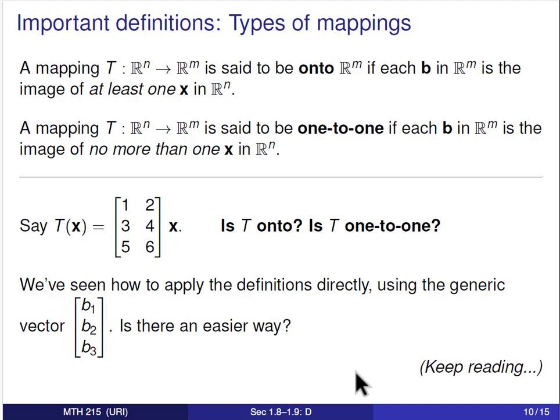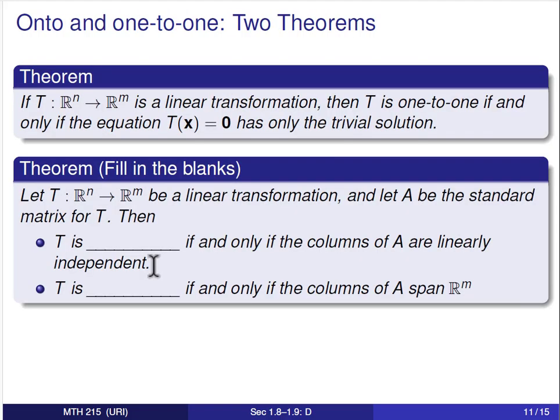So we've talked about the two different types of mappings that we'll want to keep with us as we discuss vector transformations, but you have to wonder, is there an easier way to decide, or a more direct way to decide, if a matrix function is one-to-one or onto? Is there something about the matrix that can tell you? And the answer is yes.